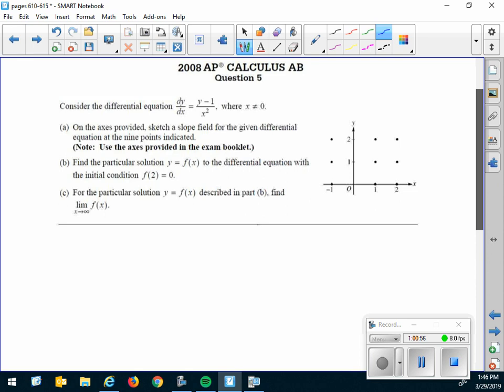All right, we're going to do a slope field. How are we doing on time? We're doing not bad. Make yourself a slope field. Now notice your derivative is y minus 1 over x squared.